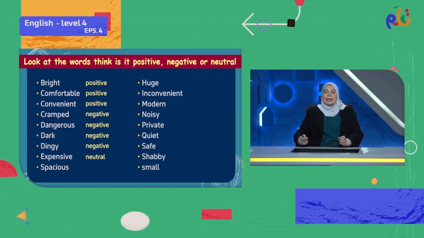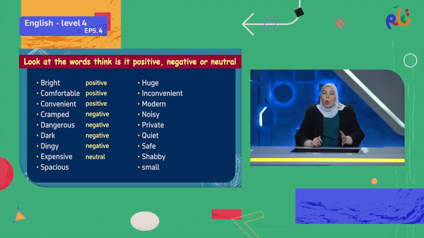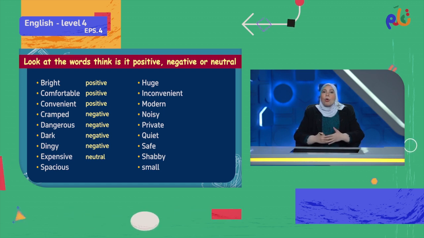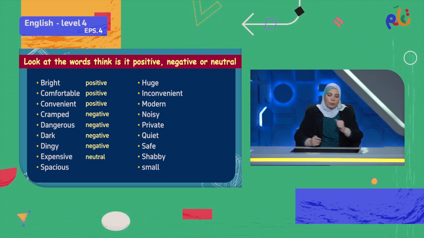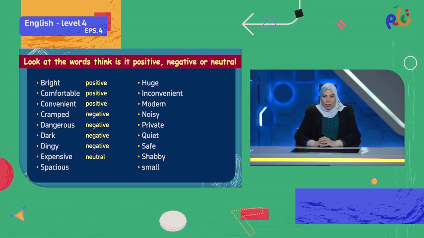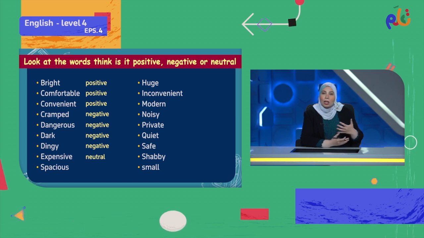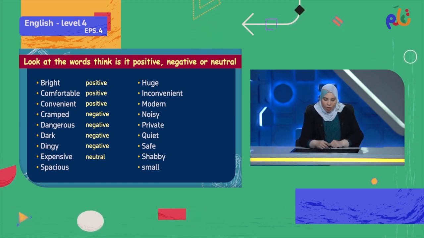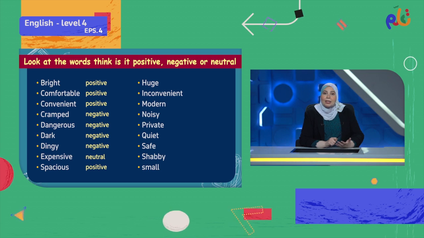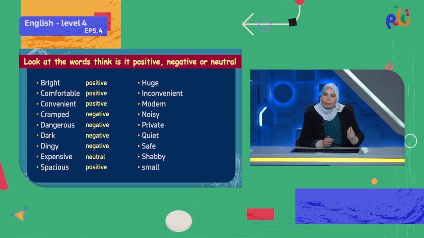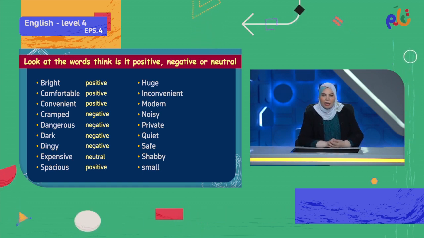So I can say that my room doesn't have enough space to put anything, so my room is cramped. Or my room has lots of space, so my room is spacious. So if you have a lot of space, this is something positive. And it can describe streets, it can describe rooms, so it can describe the flat from the inside, or it can describe the area itself.